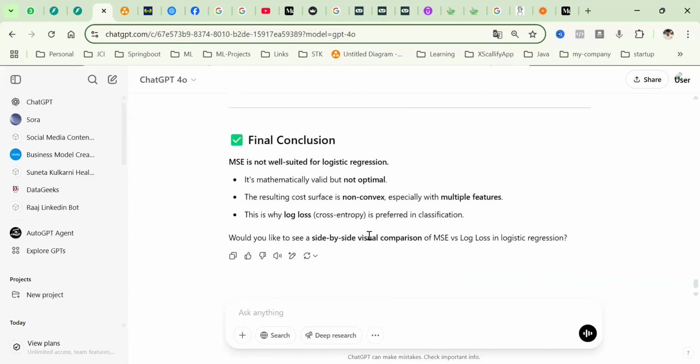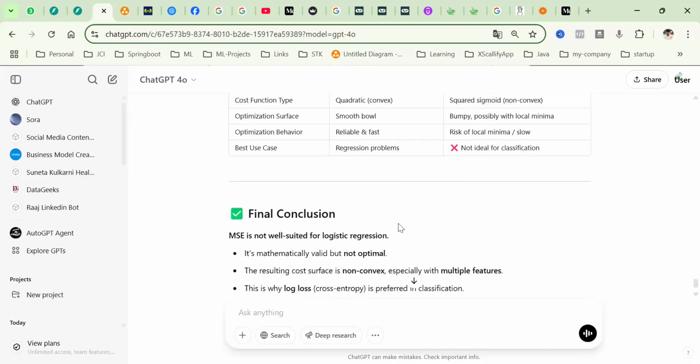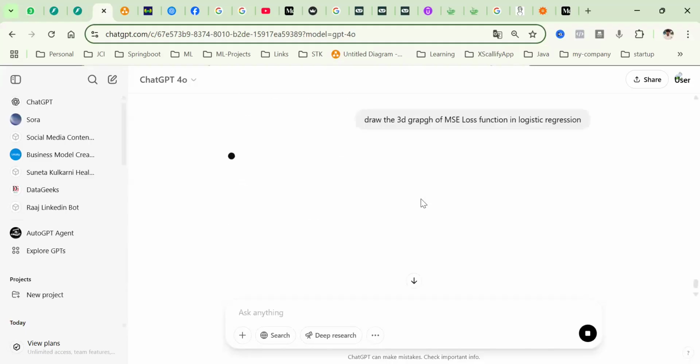So I'm asking here: draw the 3D graph of the MSE loss function in logistic regression. Let us see how the graph of the loss function looks if we apply MSE in logistic regression.